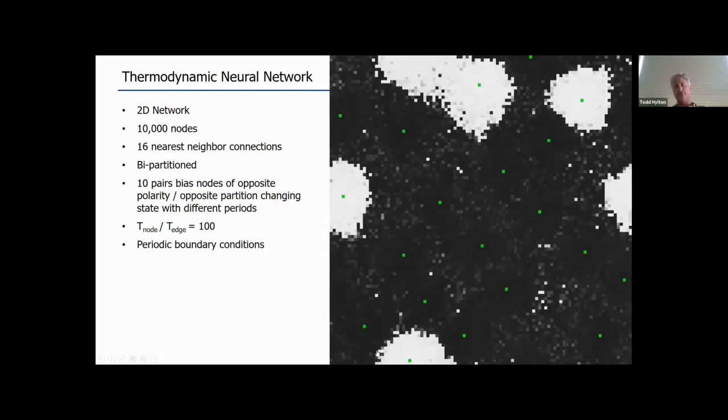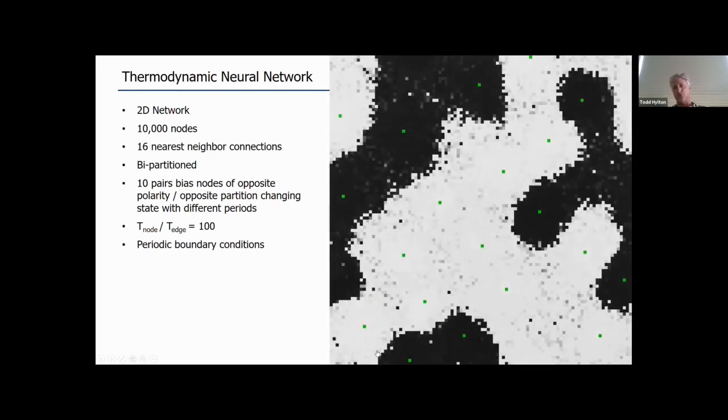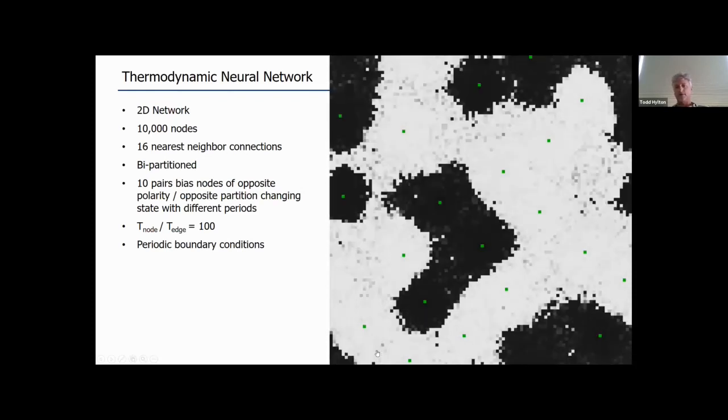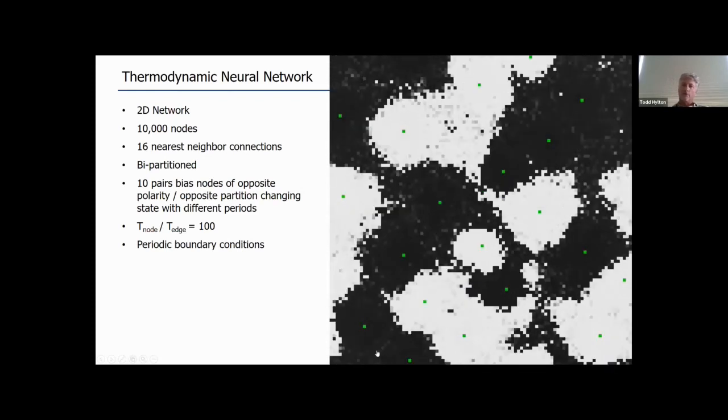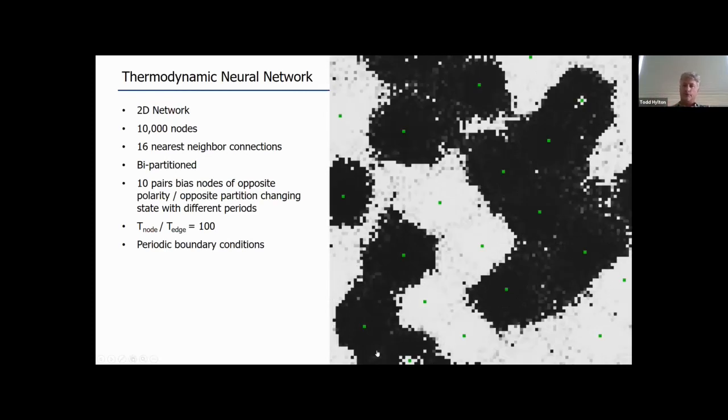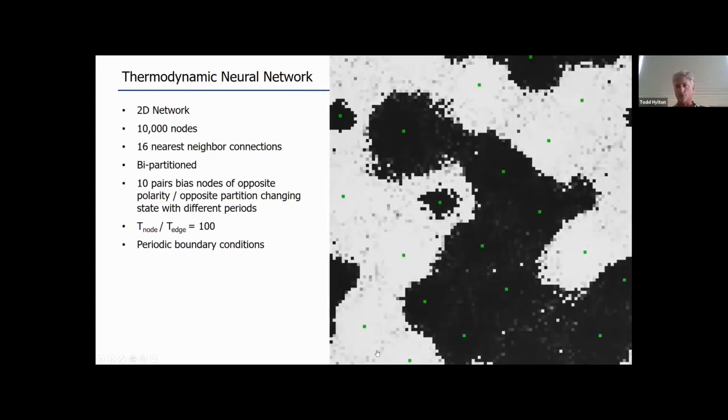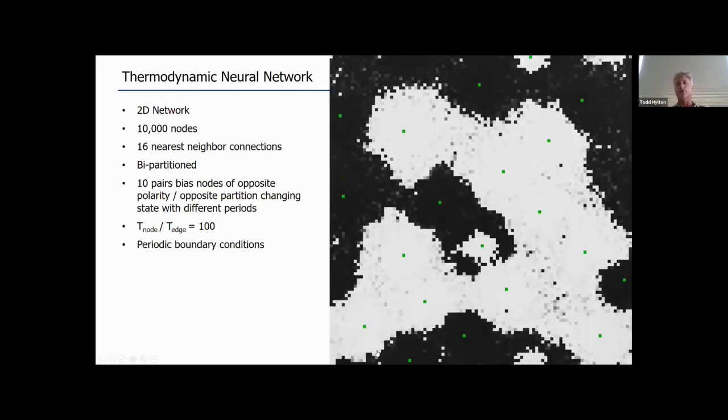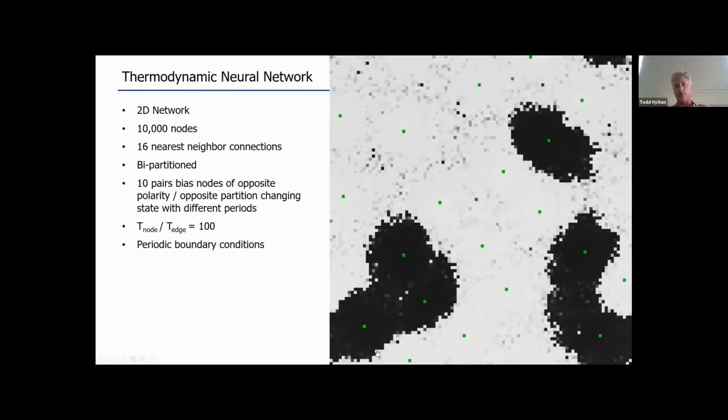And I was going to fast forward this so that it would become more obvious. But what happens is, as the weights grow stronger, there's fewer and fewer of these regions where you have this gray, noisy stuff going on, and you get stronger and stronger connections within the network.